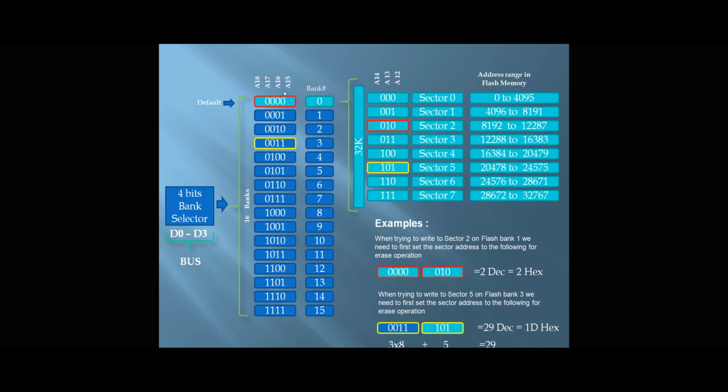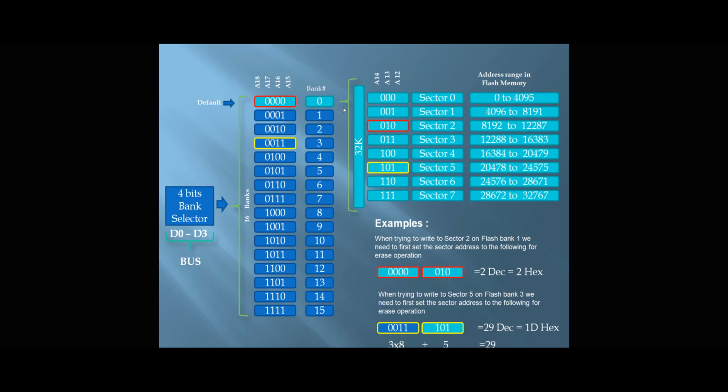However, those 4 bits are still part of the memory address lines in our flash memory. So we are left with only 3 bits that we could combine with, let's say, the bank ID to come up with a total of 7 bits to select a specific sector.